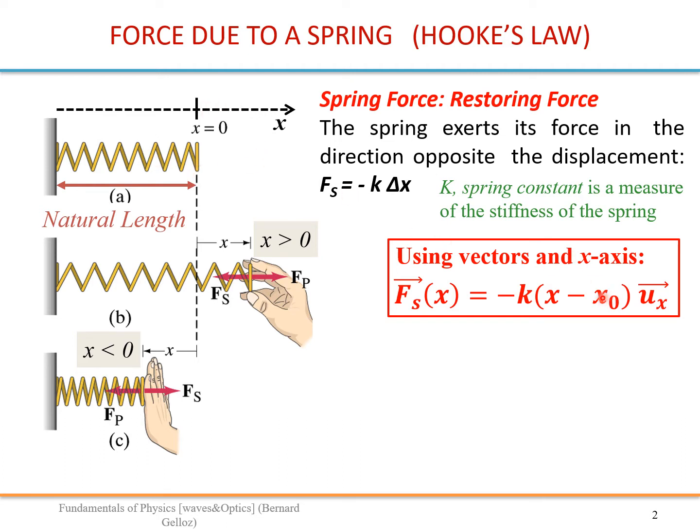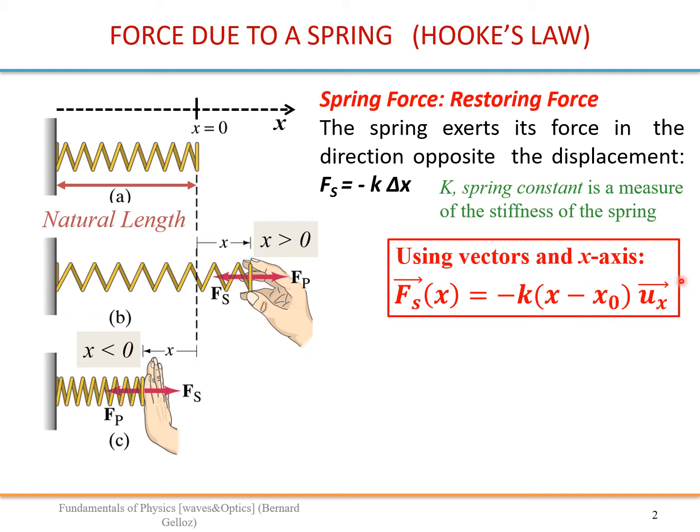Alright, so a normal good choice is to use x0 equals 0, like in this case. So in this case you indeed have F equals minus kx. But normally this is a displacement, it is a delta x, okay, not just a position. Alright, so let's see these two different situations. First, this one, x is positive here. So using this equation we can find the force.